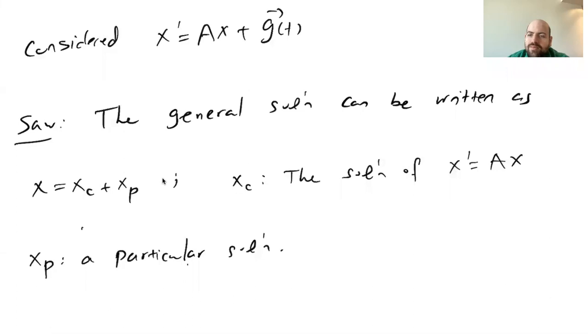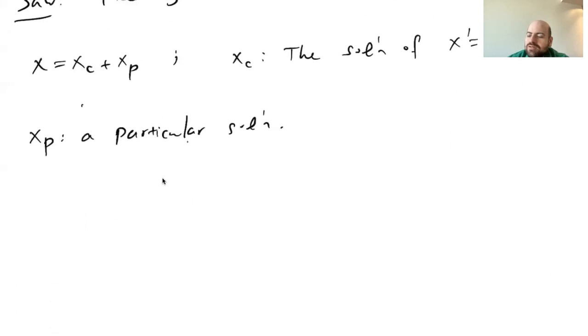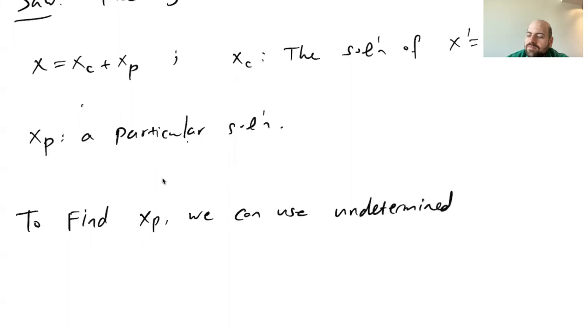And how do we find a particular solution? So to find xp, we can use undetermined coefficients, which is the method we saw last time.